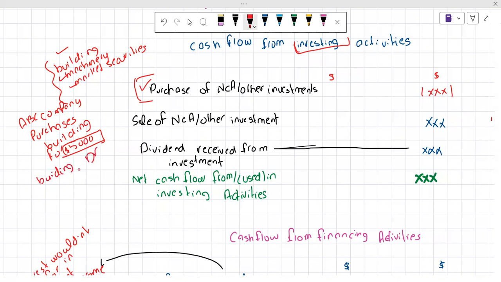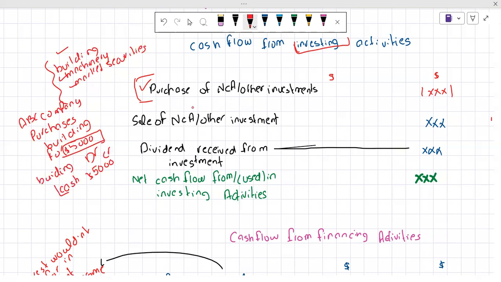Building would be debit because this is our fixed asset, and if we are paying for it in cash, then cash would be credit.